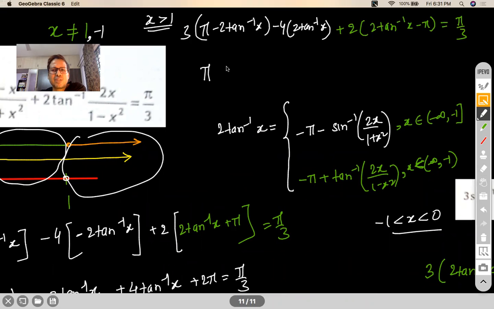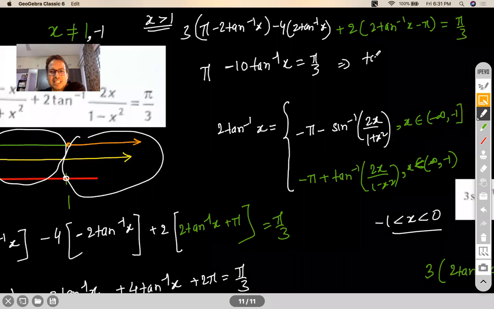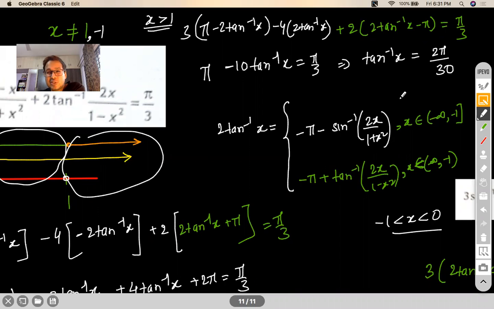Minus 14 plus 4 is minus 10. So this gives you, if I'm not mistaken, tan inverse x as 2 pi by 30. That is pi by 15. Now x is tan pi by 15.